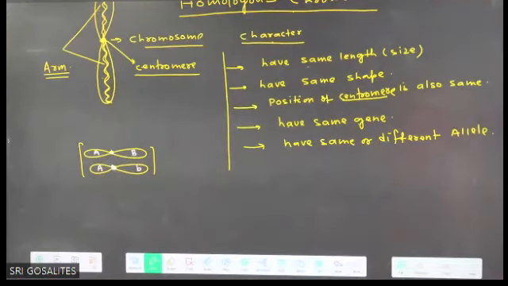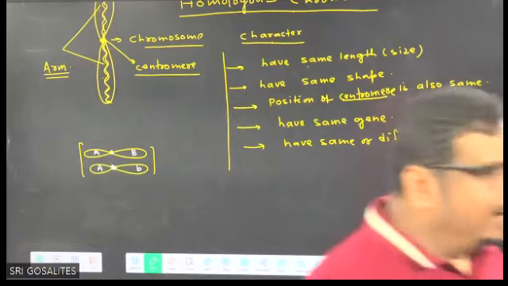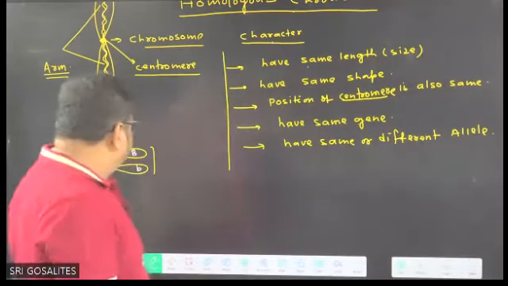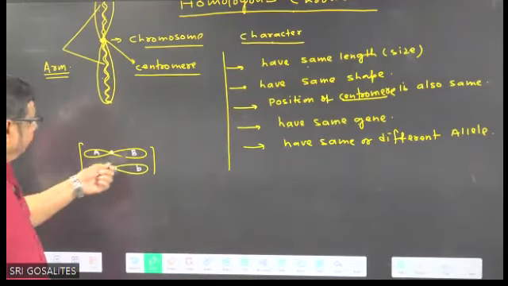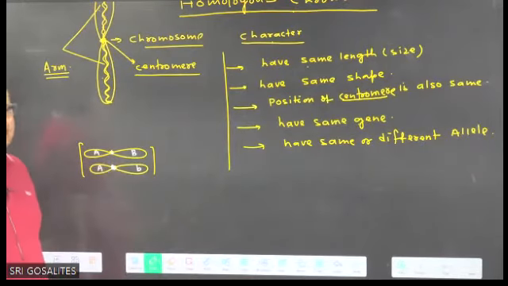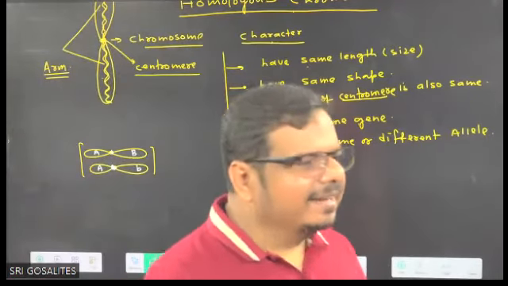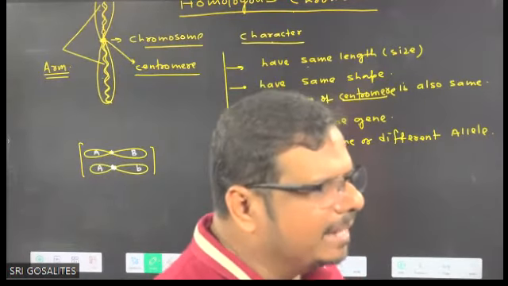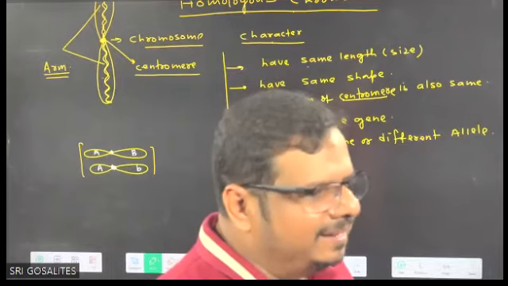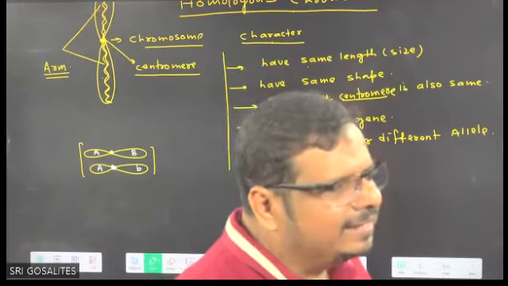But here, gene B, the gene is the same, but what is different in the second case? In the first pair the gene is the same, but in the second the allele is not the same.